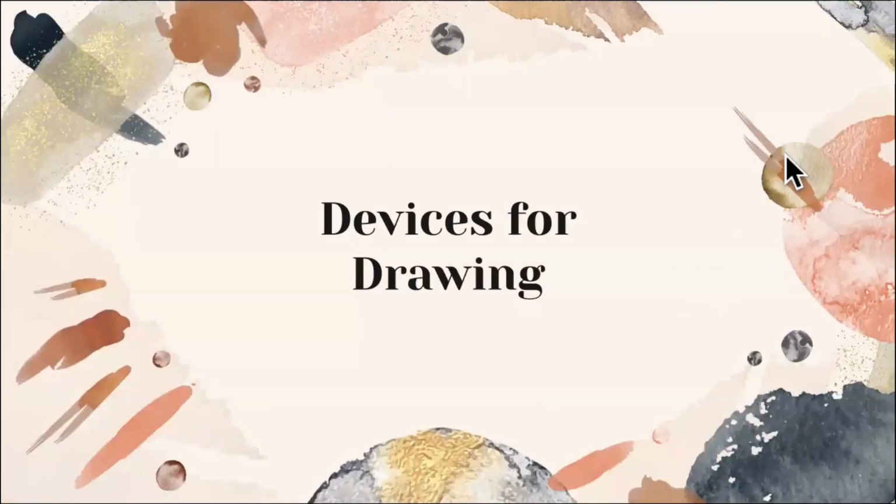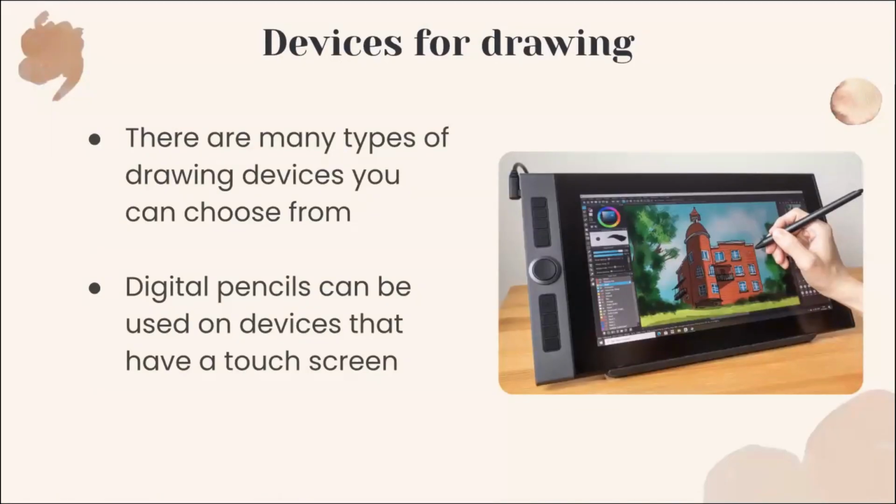Now, devices for drawing. There are many types of drawing devices you can use, and digital pencils can also be used on devices that have touch screens. You can really use any tablet you have. As you can see in this photo, this is a more high-end digital art dedicated tablet, but I'm going to show you today using just my Android tablet, and that can be done pretty easily as well.